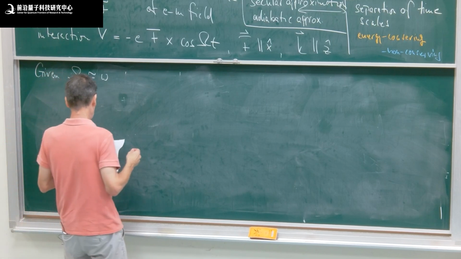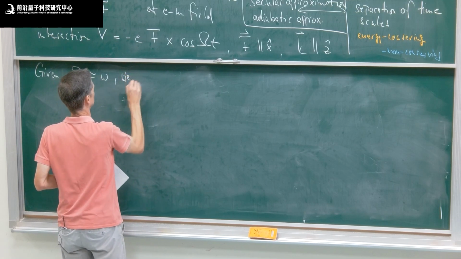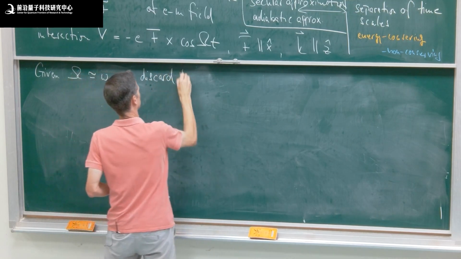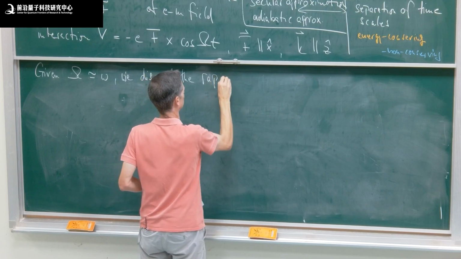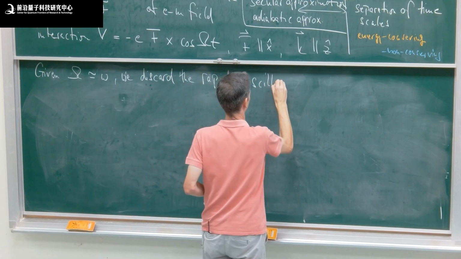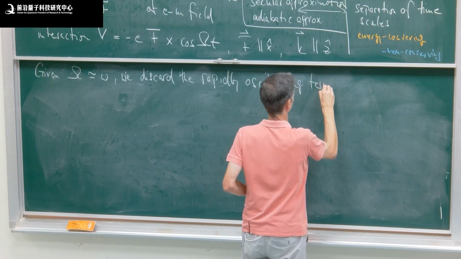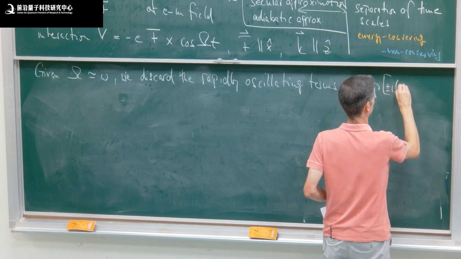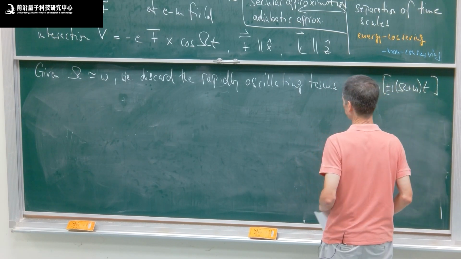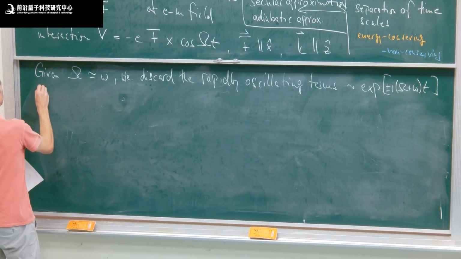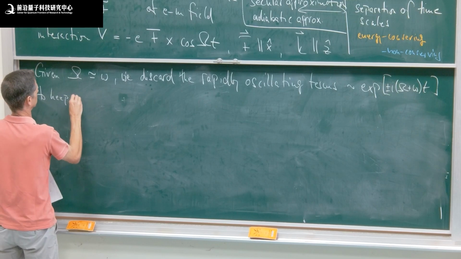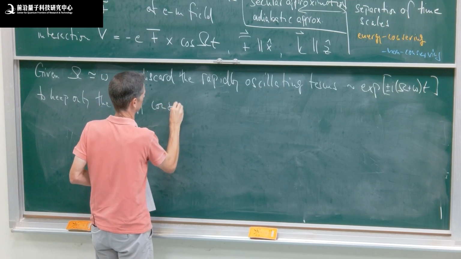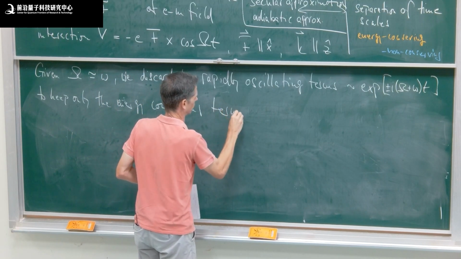Discard the rapidly oscillating terms, which are proportional to exponential of plus minus i (capital omega plus small omega) times t, to keep only the energy conserving terms.